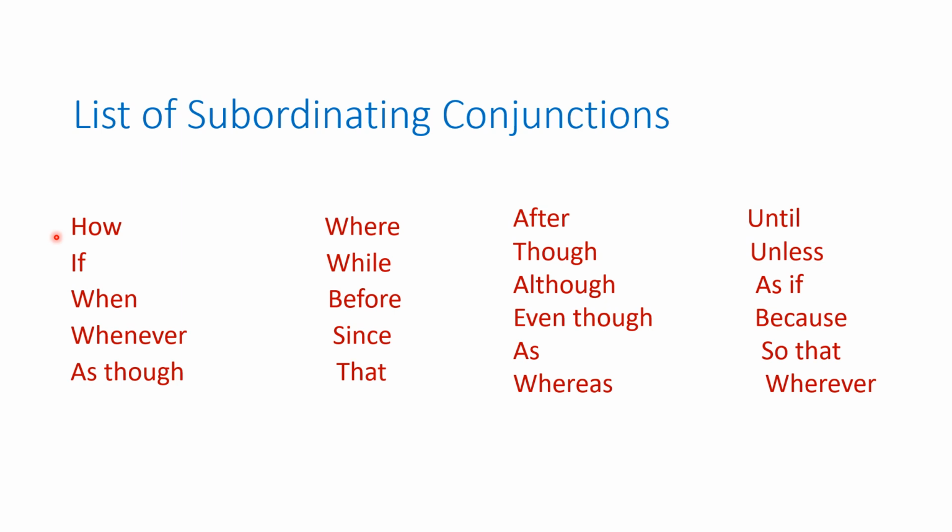The subordinating conjunctions used to make a complex sentence are how, if, when, whenever, as though, where, while, before, since, that, after, though, although, even though, as, whereas, until, unless, as if, because, so that, wherever. So this is the list of subordinating conjunctions which can be used to make complex sentences.